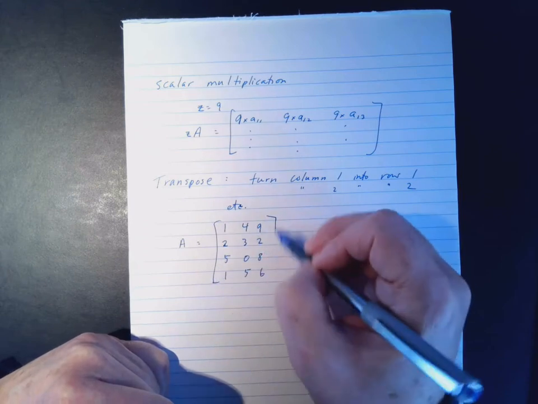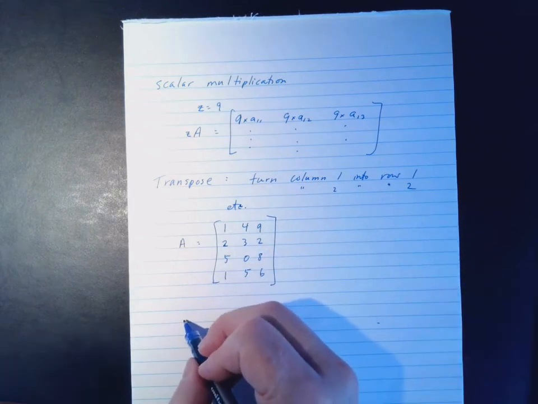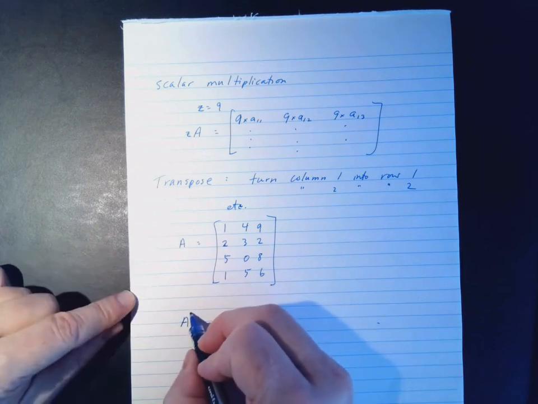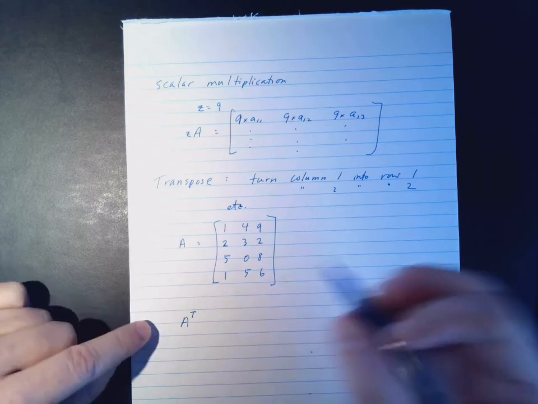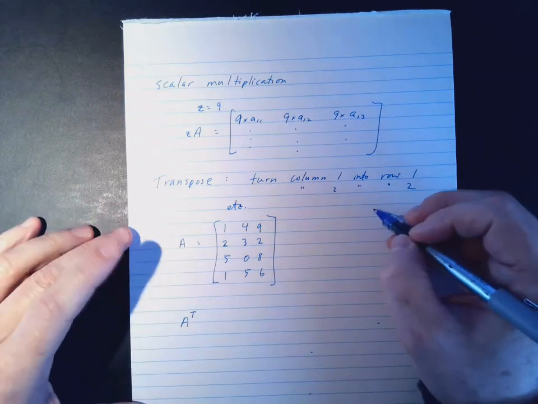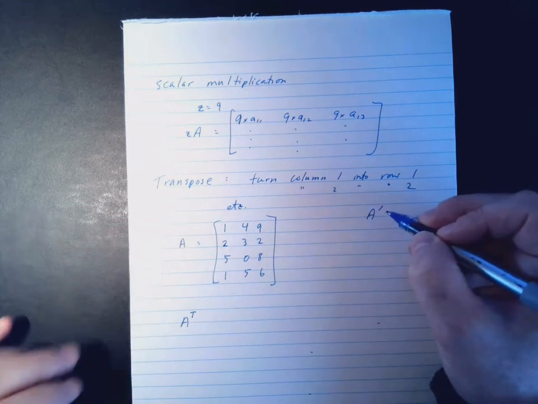All right, so that's our matrix. A transpose is denoted with the superscript T. Now, some people will write a transpose using A prime rather than A^T, and that's okay.